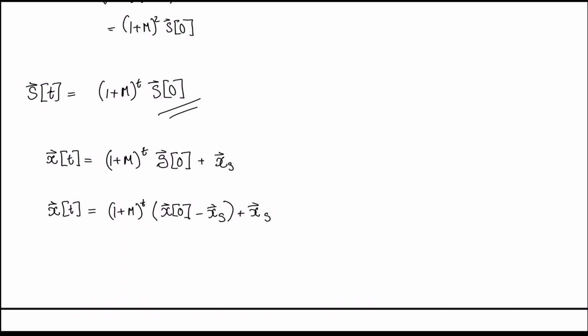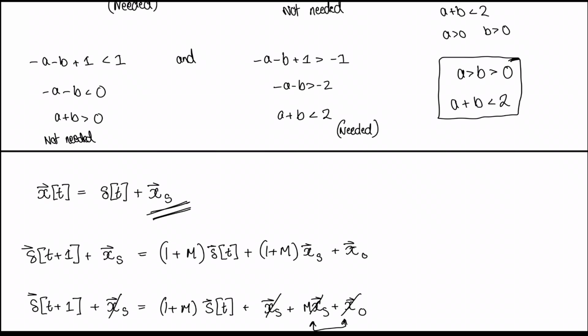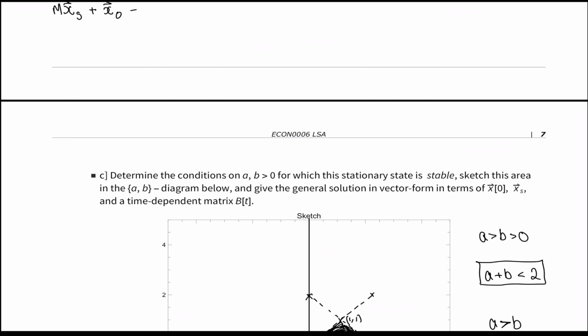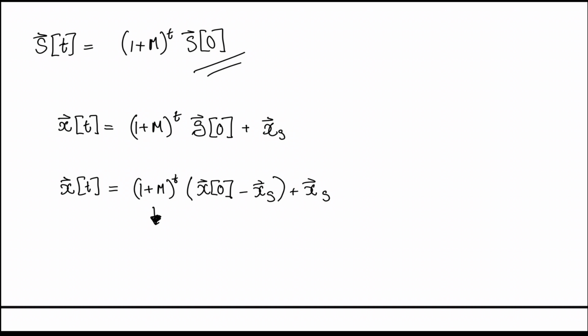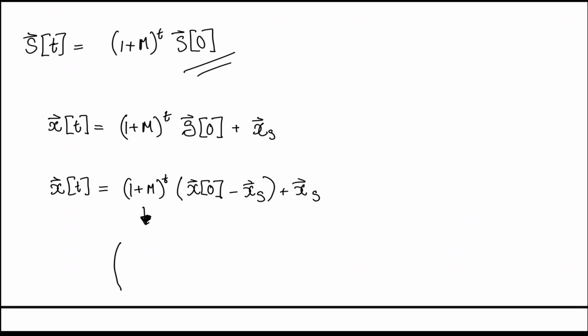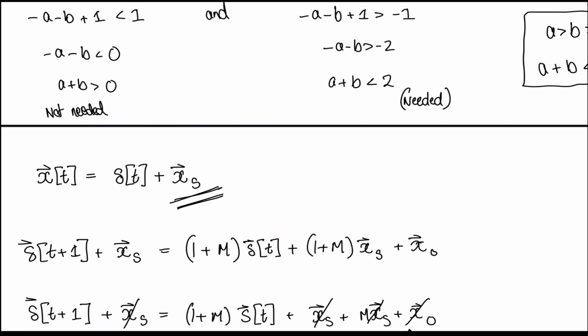And now, if we go back to the question, it wanted us to find a time-dependent matrix Bt, and as we can see, this is our time-dependent matrix, (1 plus m) to the power of t. We can write this as the matrix (1 minus a, b; b, 1 minus a) to the power of t. So this is what Bt is equal to.